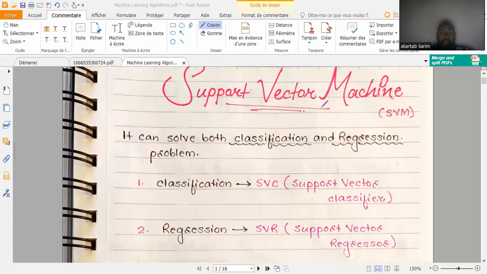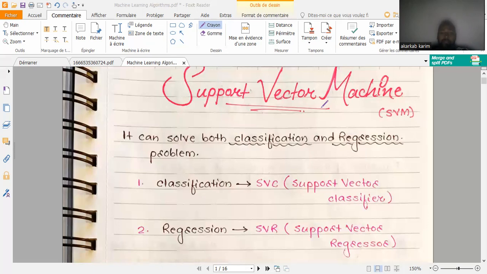Well, let's start. So, support vector machine, as I told you before, is an algorithm to solve problems in classification and regression. Okay, so we can use this algorithm to classify or to predict some values based on the features provided in our dataset.